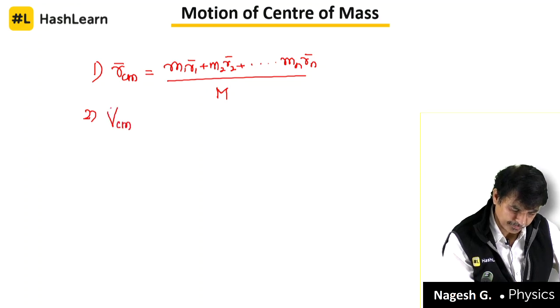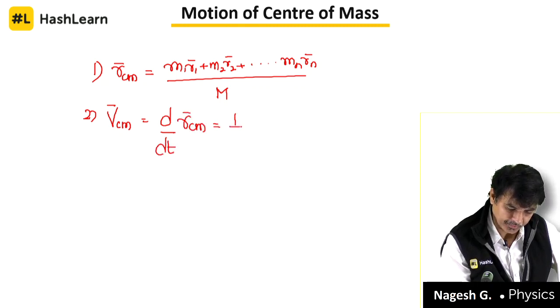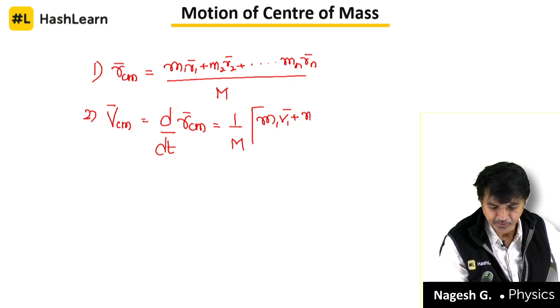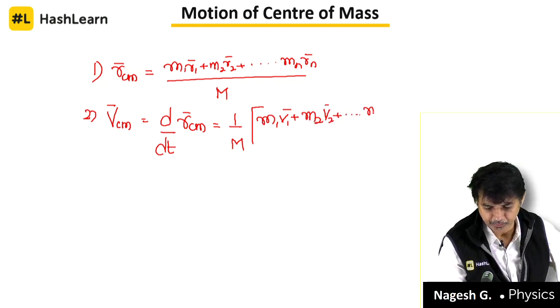Velocity of the center of mass. When you differentiate the above equation, d by dt of R_CM bar gives 1 by m into (m1 v1 bar + m2 v2 bar, and so on, mn vn bar).